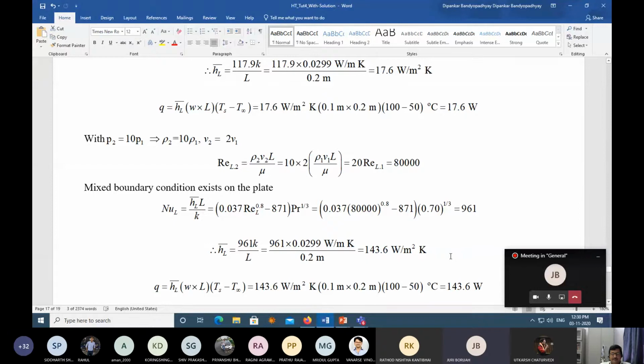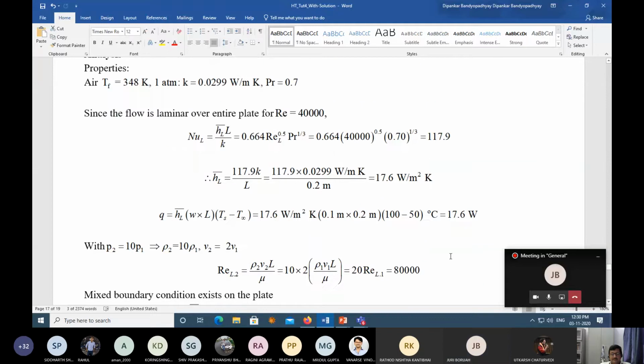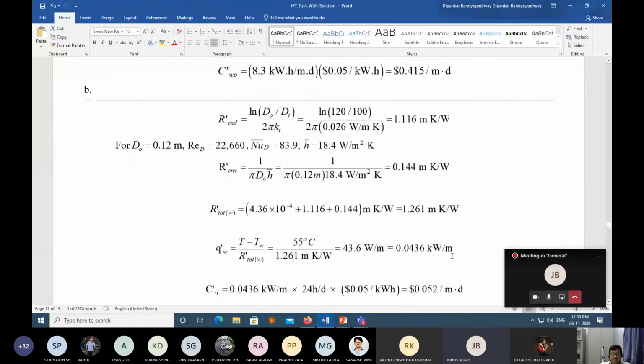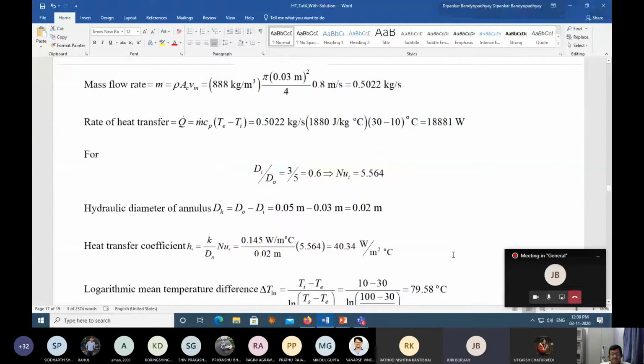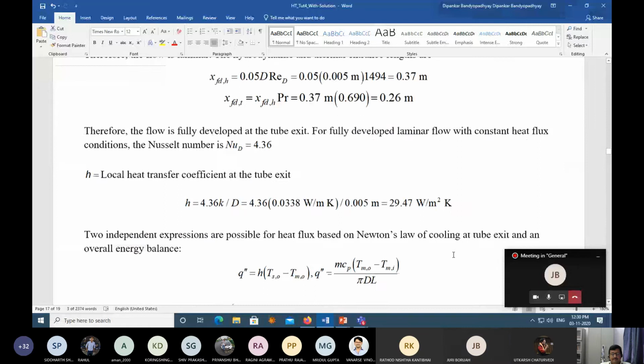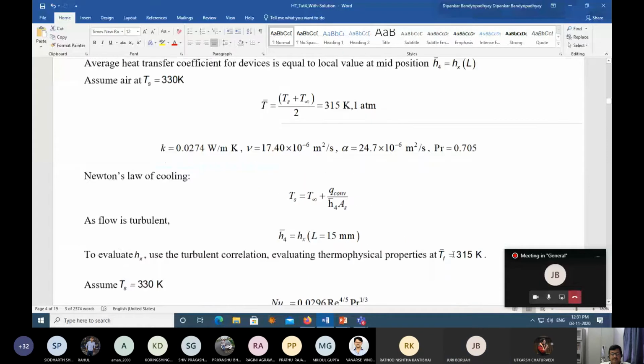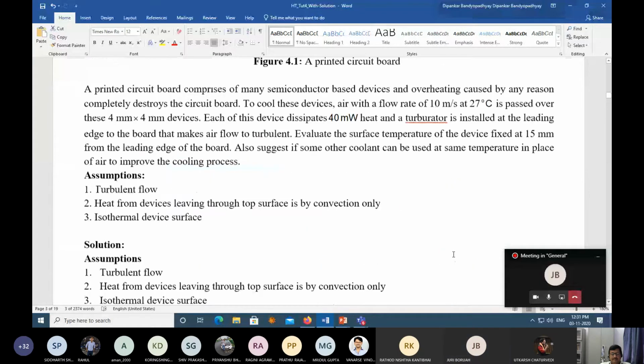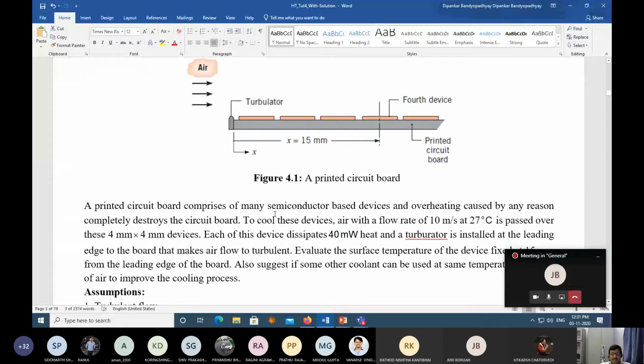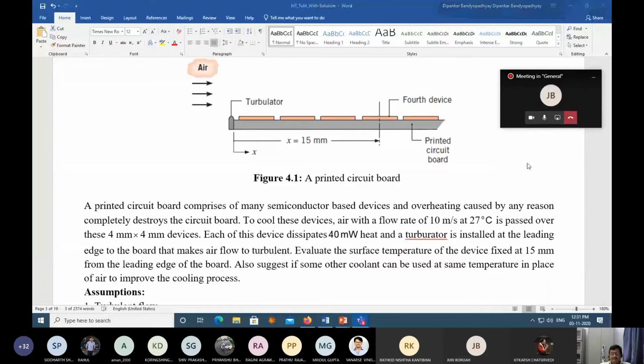And what is Q? Q? 143.6. Yes, very good.